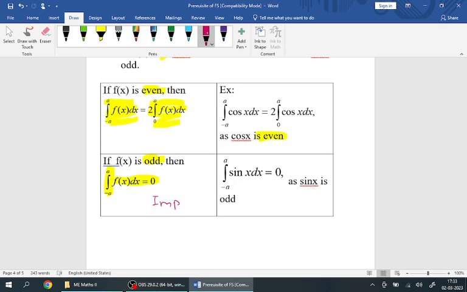So the integration from minus A to A of sin x dx is 0, because sin x is an odd function. So that was the prerequisite for Fourier series. If you understood these, you can definitely get very good marks in Fourier series. Okay, so thank you.